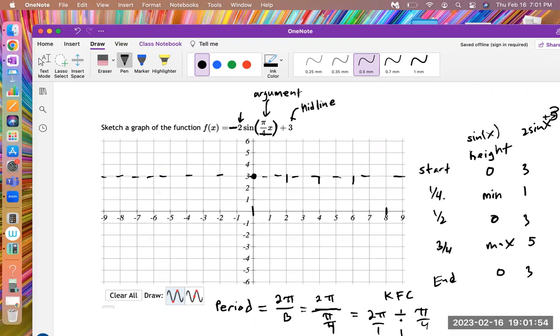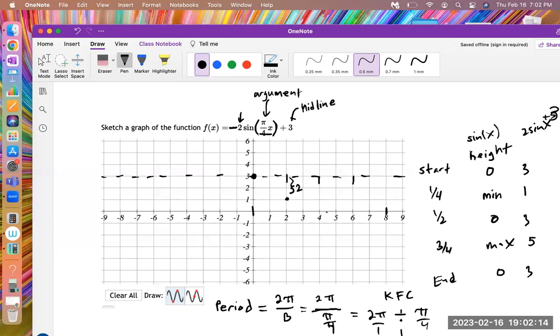Okay, and then at 1/4 of the way through, which is right here, you're going to be at 1, because you went down 2, since that coefficient was 2.